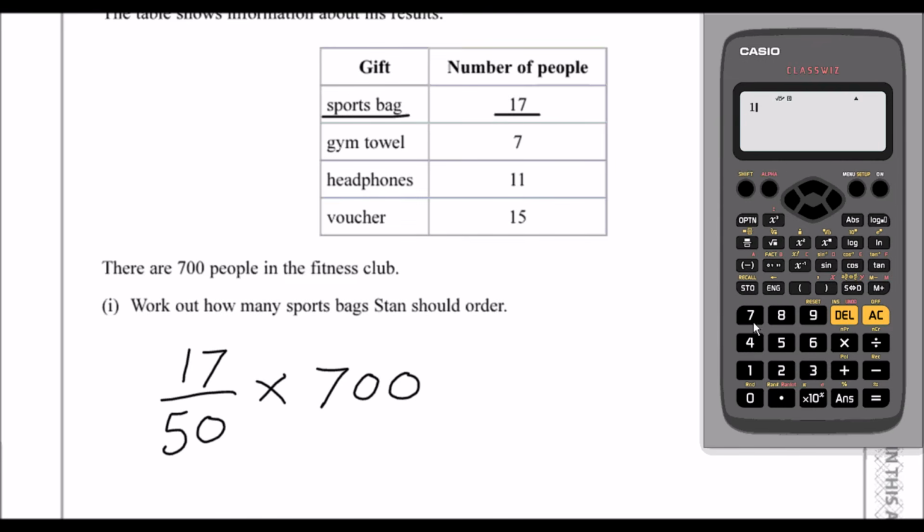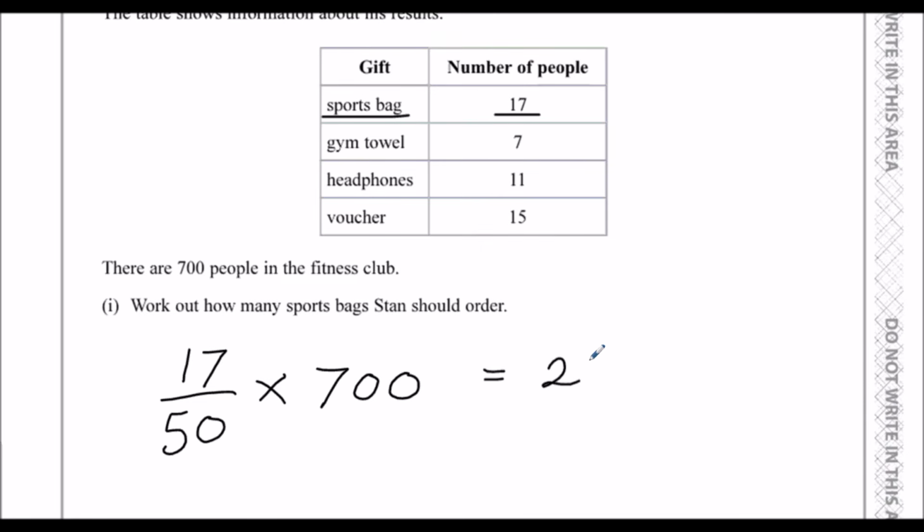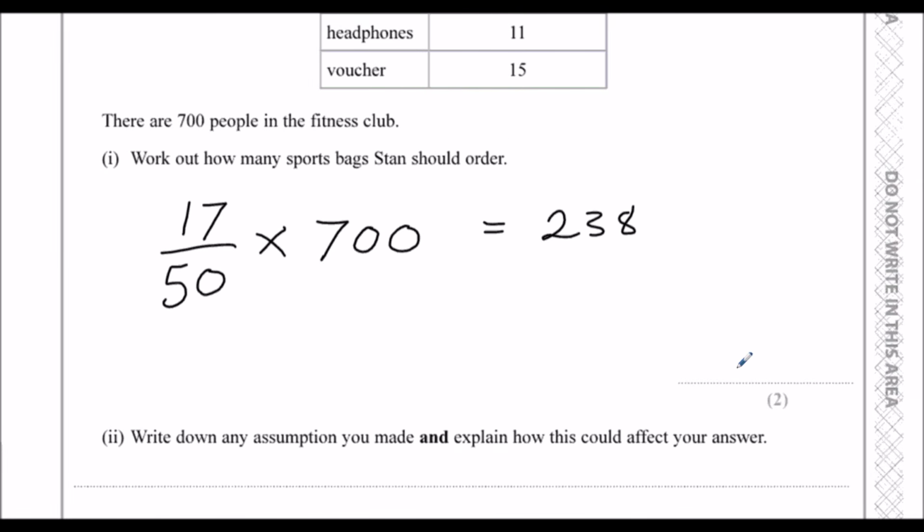So 17 over 50 times 700 is 238. So we're going to assume he should order 238 sports bags.